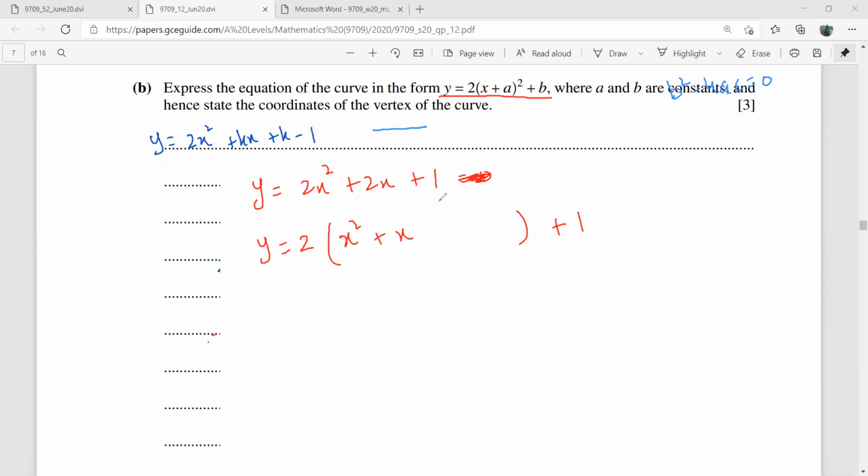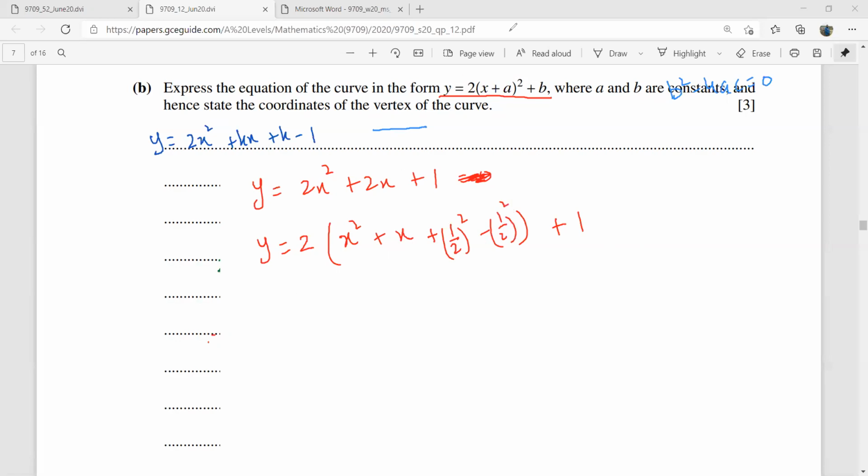Don't include this 1 while taking common. We are only interested in the terms in x over here. So the coefficient of x right now is 1, so half of this is going to be half. You add the half square and then you subtract the same.